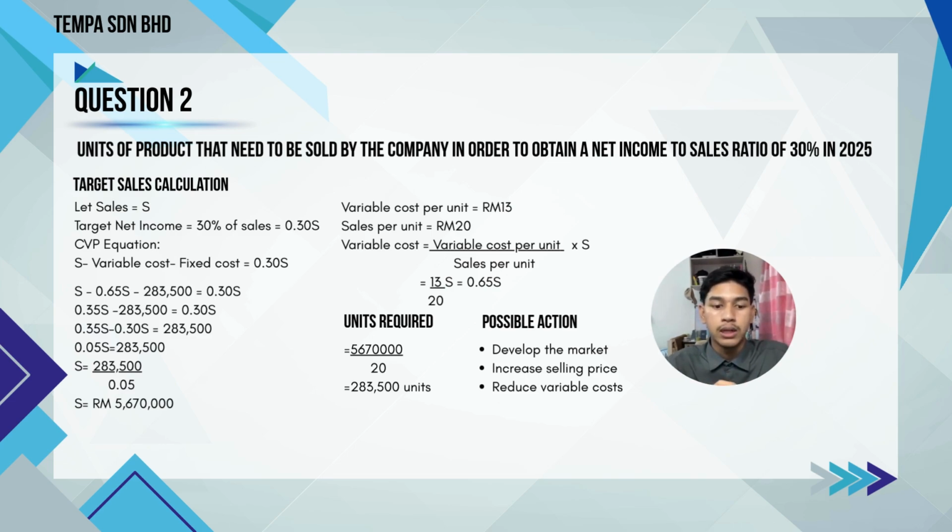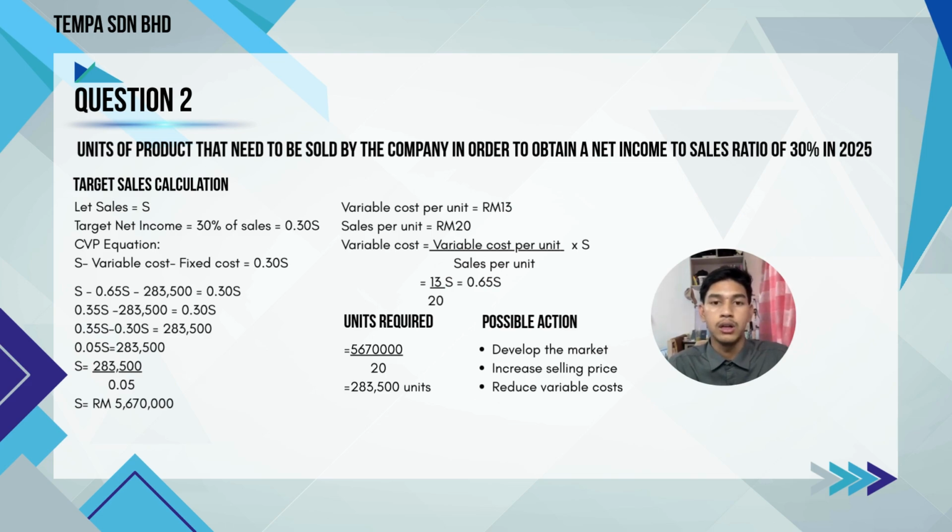We move the 0.30S to the left side and minus it from the contribution margin, and we get 0.05S equal to 283,500. After we divide 283,500 by 0.05, for sales we get RM5.67 million.